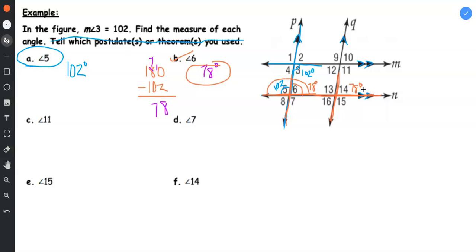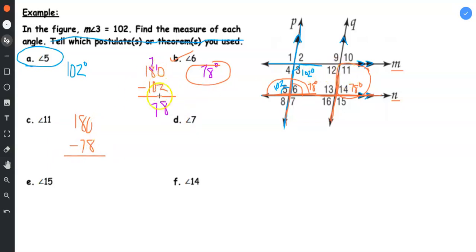So then from here, I'm still trying to figure out angle 11, and I noticed that angle 11 and 14 are on the inside of the parallel lines M and N, so they're interior angles, and they're same side interior angles. So we know that same side interior angles are going to add up to 180, they're supplementary. So I can take 180 and subtract 78 to get angle 11.